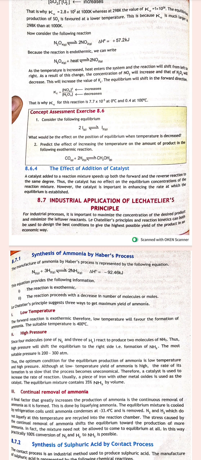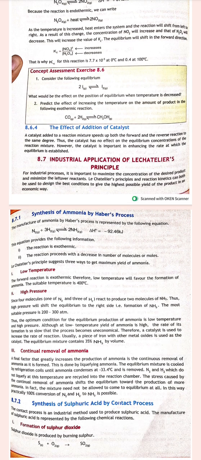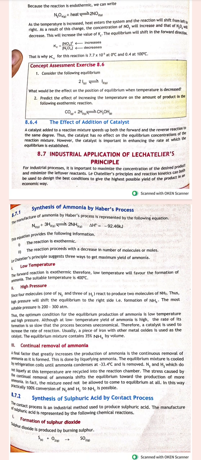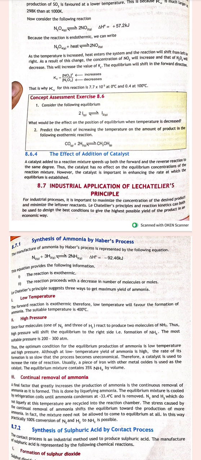So in order to resist that change, the reaction will proceed in the forward direction. Kc is NO2 raised to the power 2 divided by N2O4. So that is why Kc for this reaction is 7.7 into 10 raised to the power minus 5 at 0 degree C and 0.4 at 100 degree C.